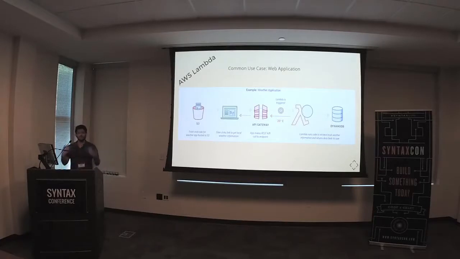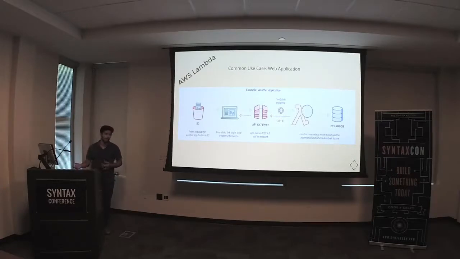API gateway then triggers the appropriate Lambda. The Lambda fetches data from, say, another API, weather.com, or Dynamo if it's stored there, which in this case it is, and returns it all the way through the API gateway back to the user. All of this is basically an HTTP server, but you don't have to set it up. You just have a Lambda sitting in there, API gateway, and a Dynamo database with the stuff in S3.